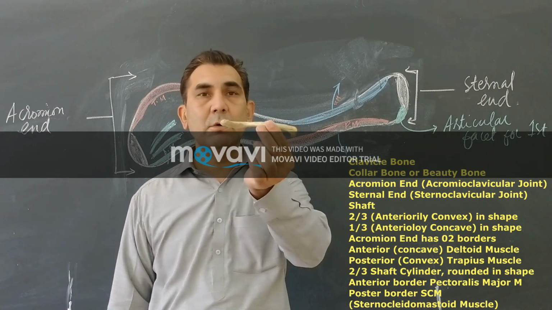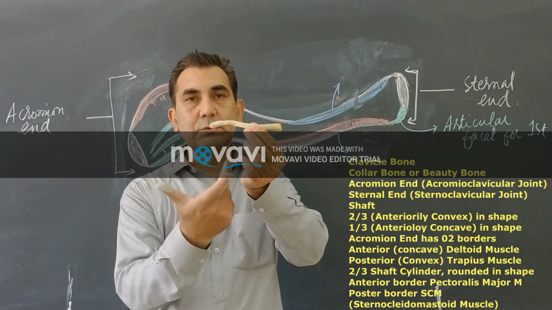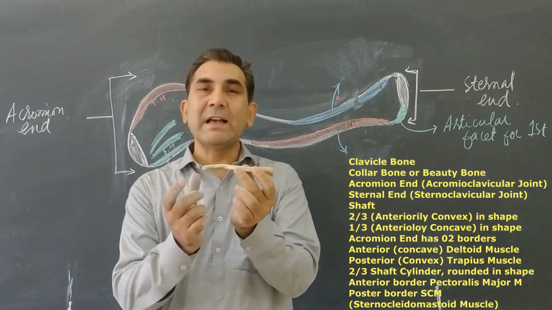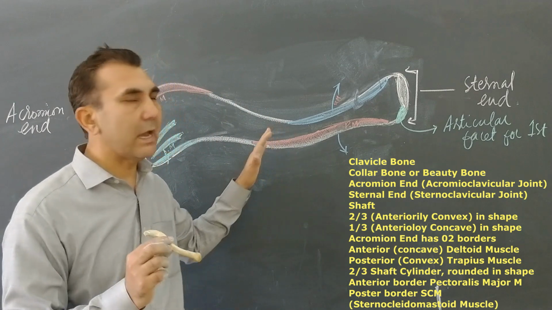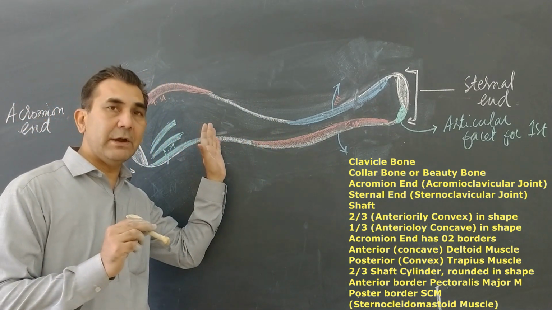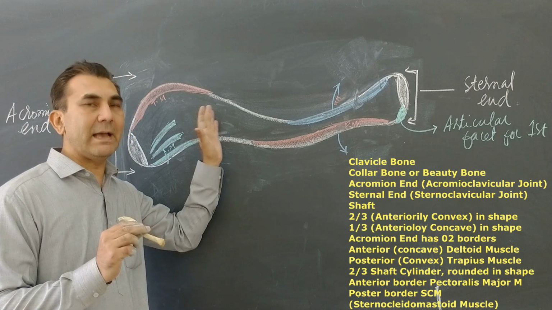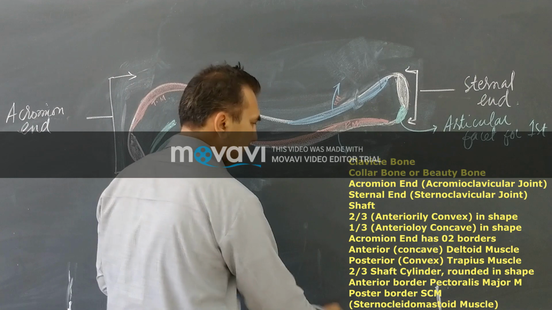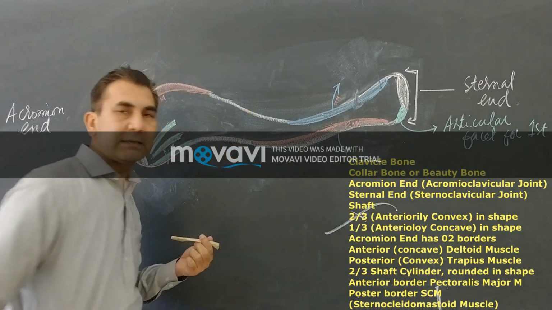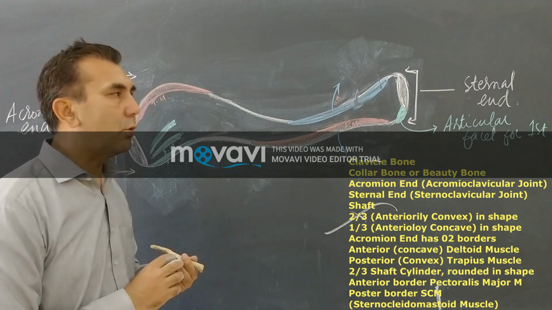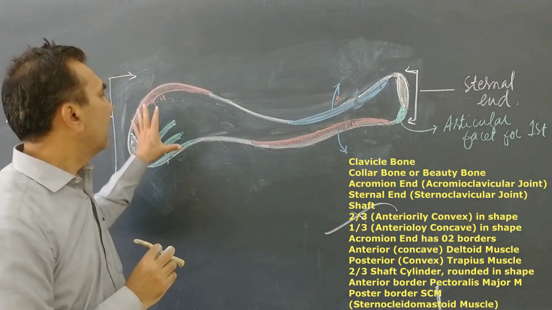It has two curves and two ends. In diagrams, it is shaped like an italic letter S. So in this S shape, the clavicle has two ends.